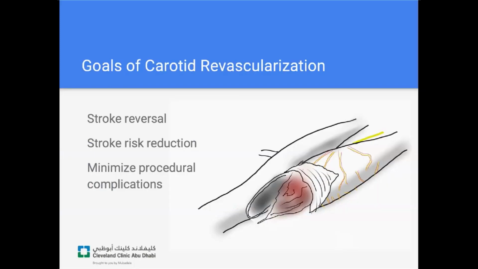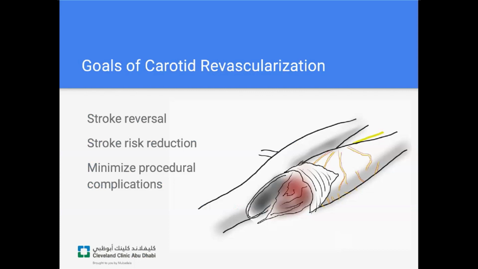When I was asked to do this talk, I gave some thought to what the goals of carotid revascularization are. I reached back to the origins of carotid endarterectomy when I mentioned stroke reversal. But primarily, the first goal of carotid revascularization is stroke risk reduction, even in the face of someone who's had a stroke.